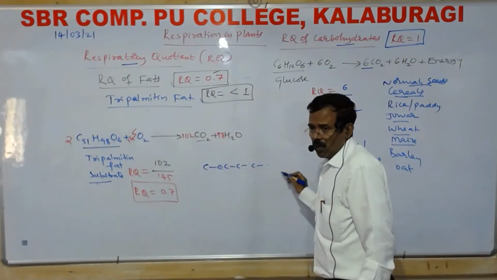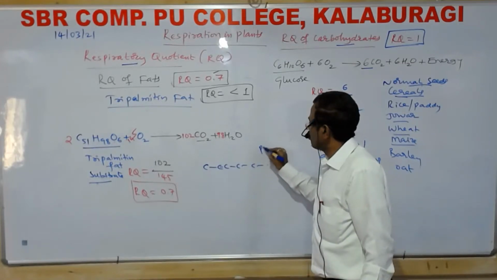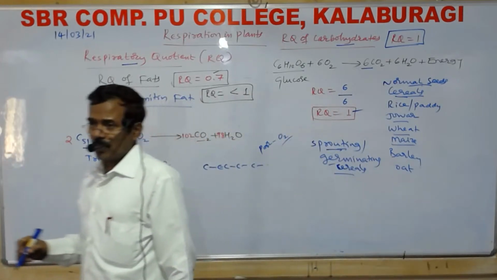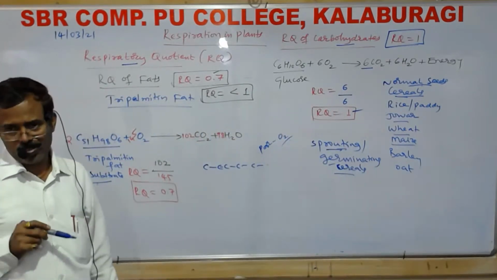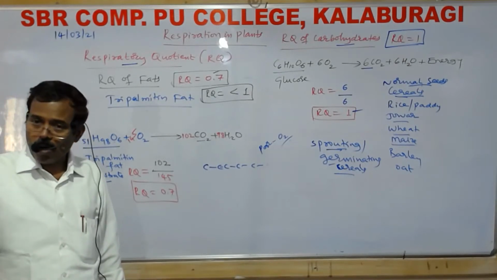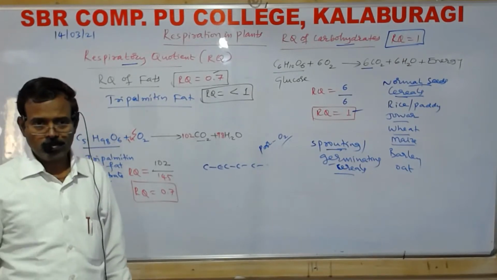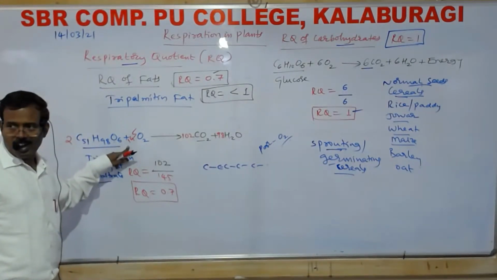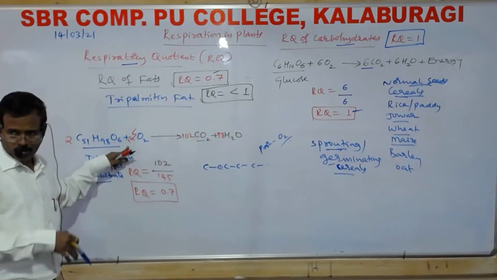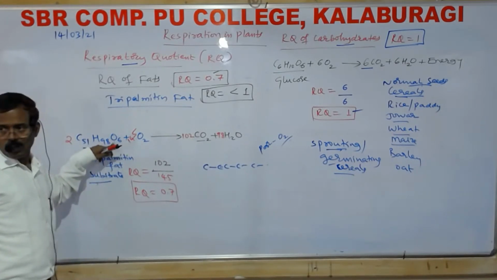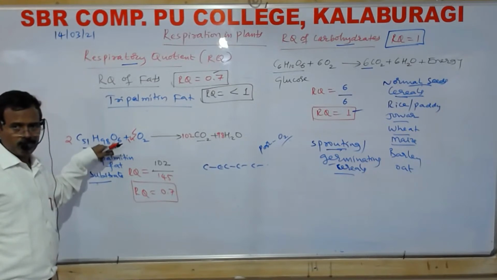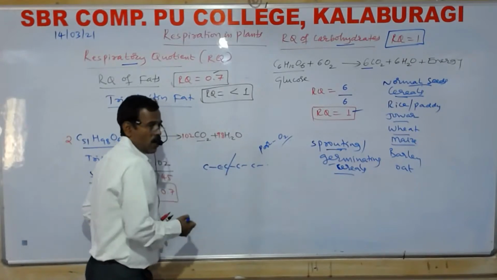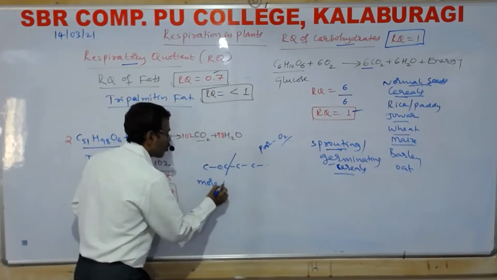It has a very long carbon chain, but is very poor in oxygen. When the substrate is poor in oxygen, it needs more oxygen for its breakdown. Keep that in mind. This substrate is a long chain hydrocarbon having C and H more compared to oxygen. Oxygen only 6. The substrate is poor in oxygen. That's why for its breakdown, it needs more oxygen.